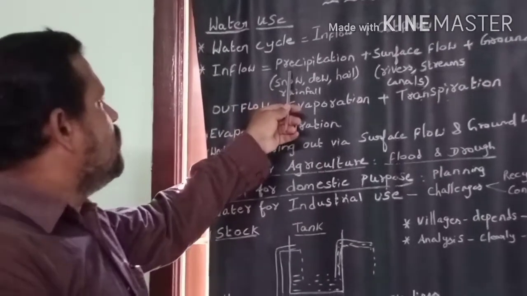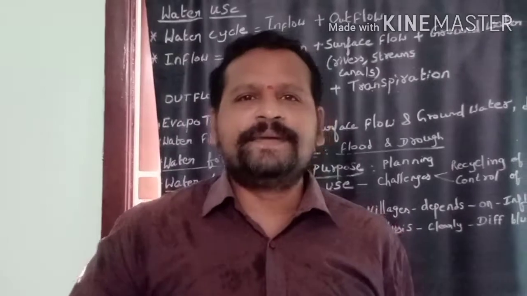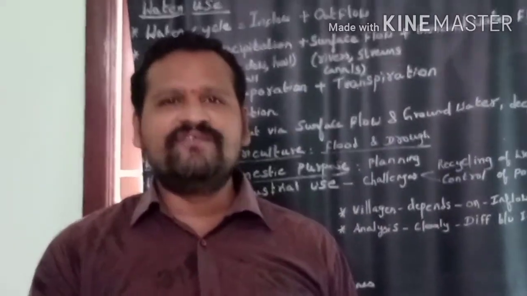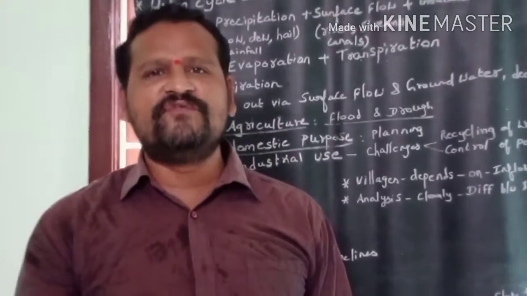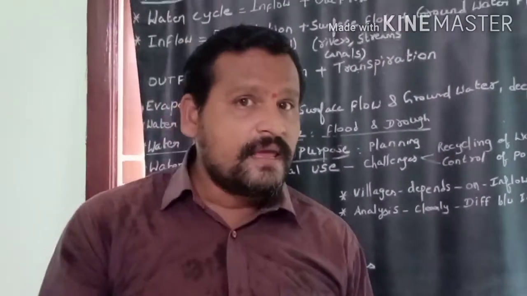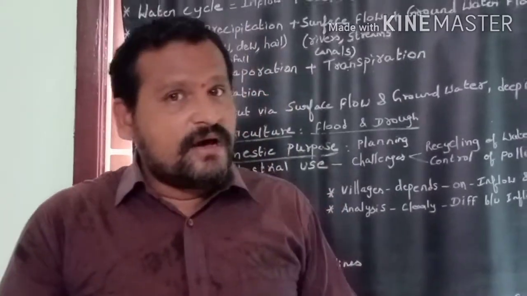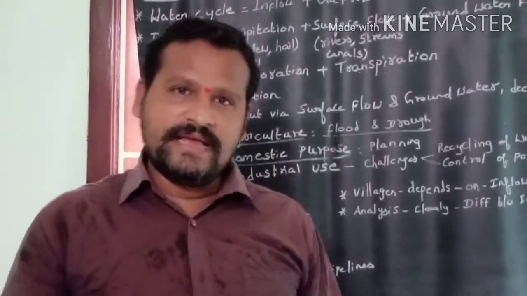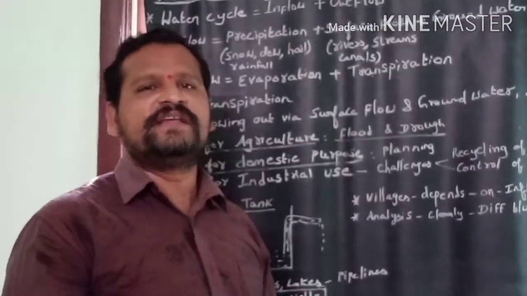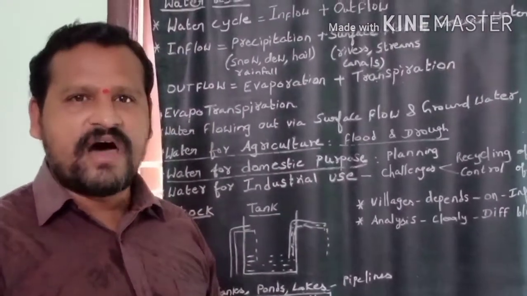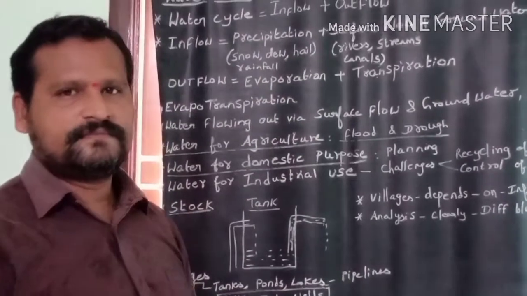To estimate the precipitation, we should take the average of rainfall over many years. Why? Because in one year rainfall occurs more, and in another year it occurs less. So we should take an average of rainfall for 10 years, or 5 years, or 15 years.